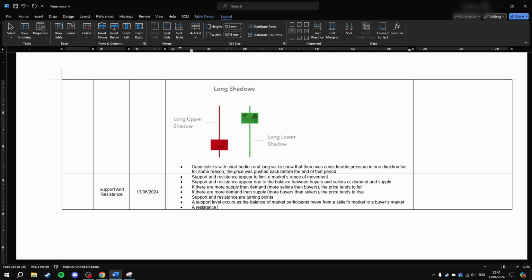A resistance level occurs as the balance of market participants move from a buyer's market to a seller's market.